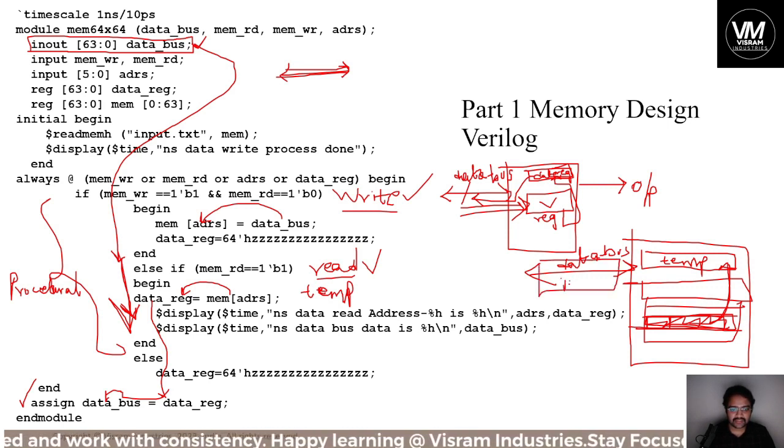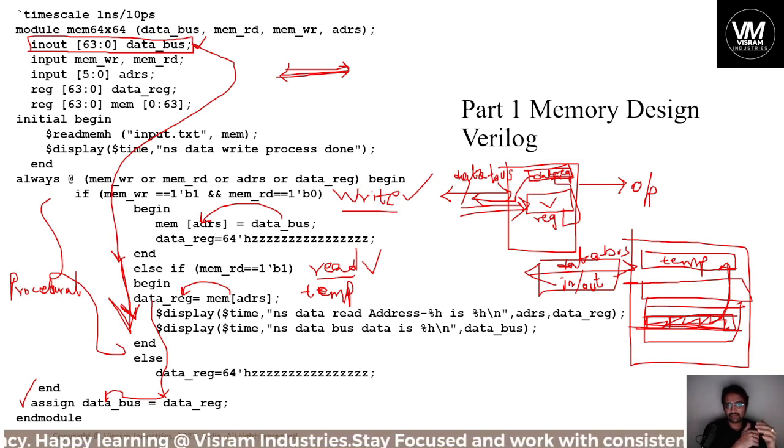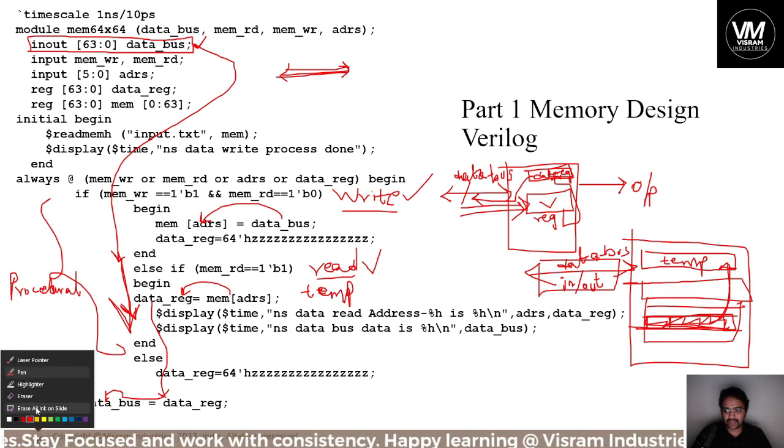So this is in and out. This is a bidirectional bus interface, but in later designs I'll try to implement how we can change this bidirectional to single directional, and how we can use the same data out and data in inside the memory registers. That is what this entire design looks like.